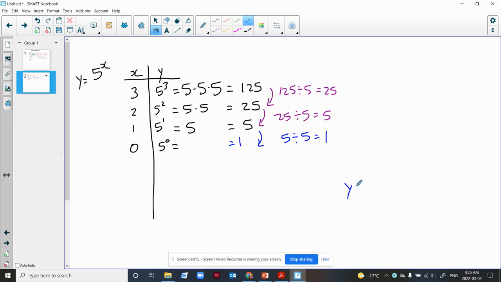How we say it is that b, your base, to the exponent 0 always equals 1, because in this pattern you're always going to do your base divided by your base, which always equals 1 whenever you're trying to find the 0 exponent.